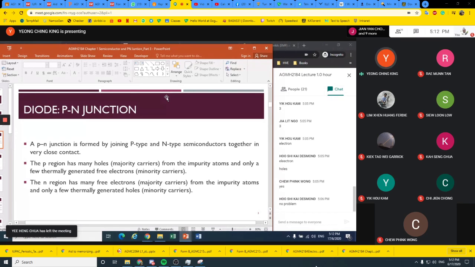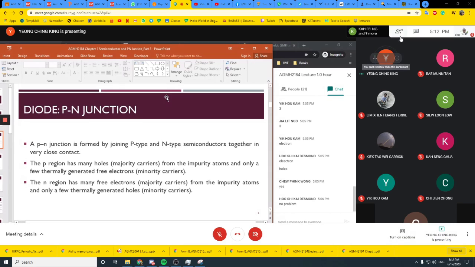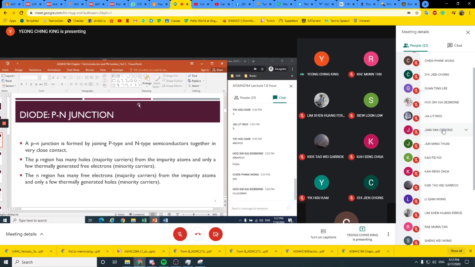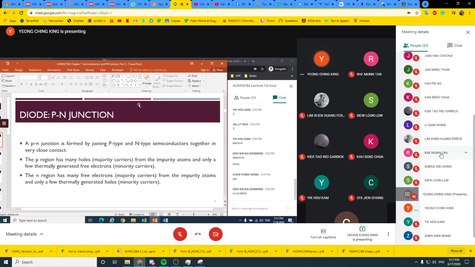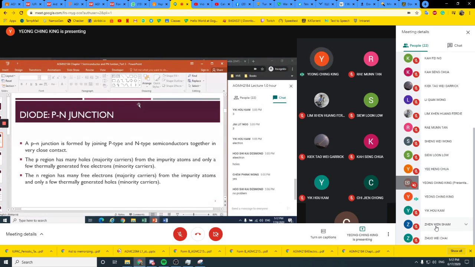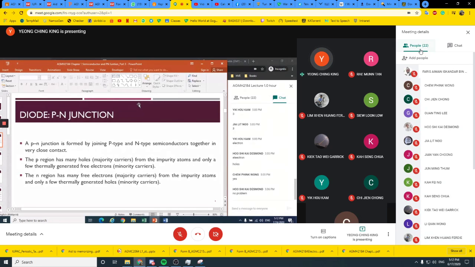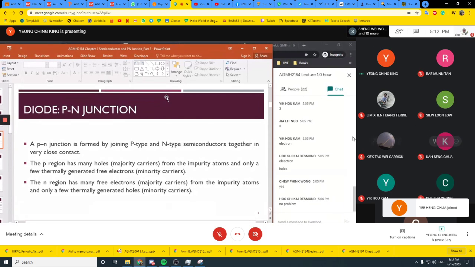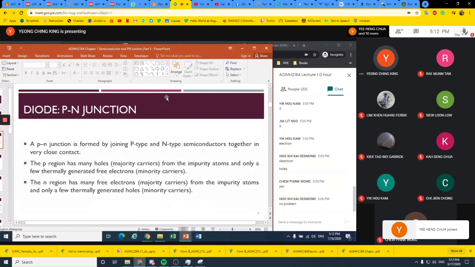Therefore, the P region has many holes as the majority carriers from the impurity atoms and only a few thermally generated free electrons, the minority carriers. While the N region will have the opposite: many free electrons, the majority carriers from the impurity atoms, and only a few thermally generated holes as the minority carriers.